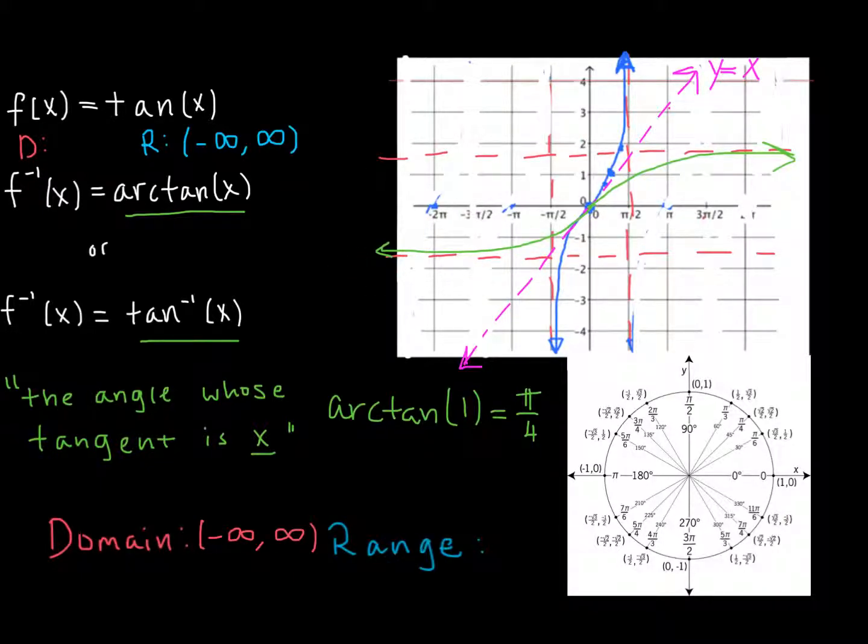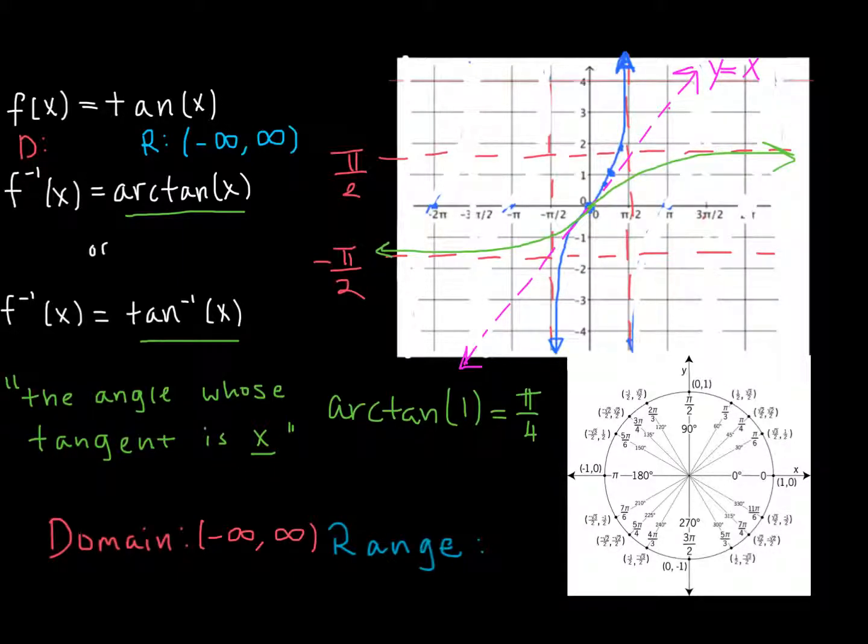So that's an important thing to notice here, that this is positive pi over 2 and this is negative pi over 2. And it should make sense that we will never get an output from inverse tangent that is actually pi over 2 or negative pi over 2. Because the inverse tangent asks the question, what is the angle whose tangent is that value, or x?